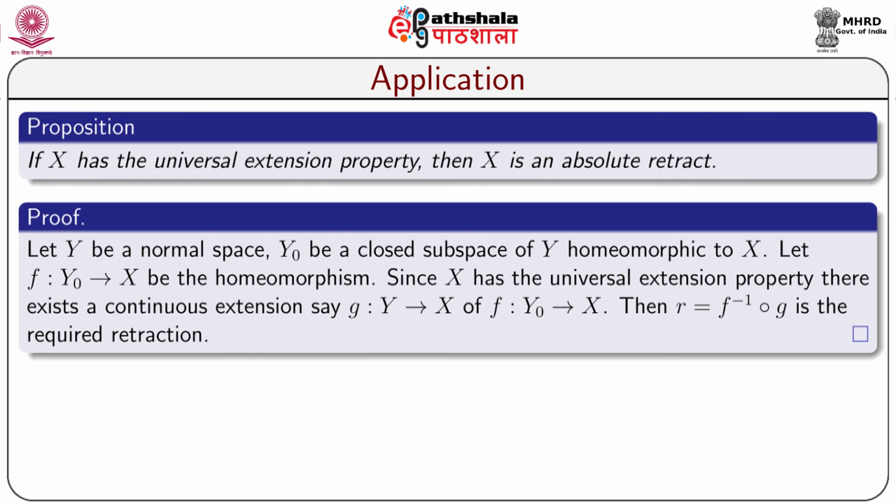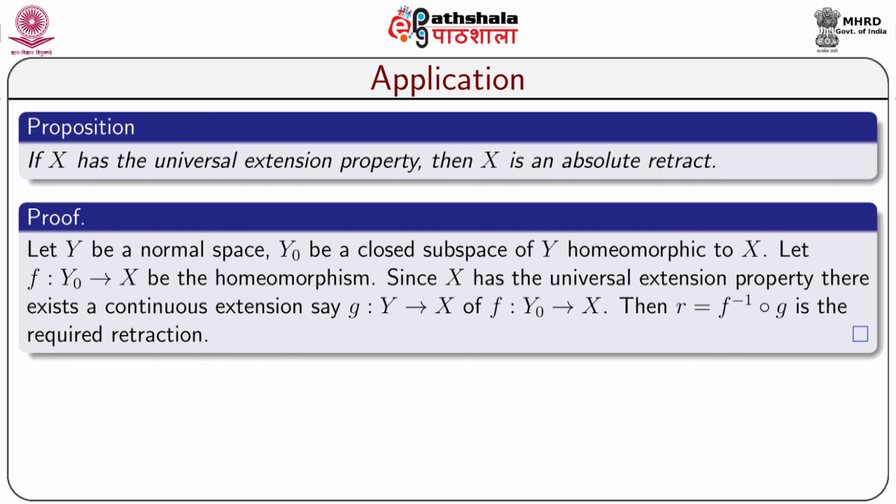To prove this, let capital Y be a normal space and Y naught be a closed subspace of capital Y which is homeomorphic to capital X. Let f from Y naught to capital X be the homeomorphism.